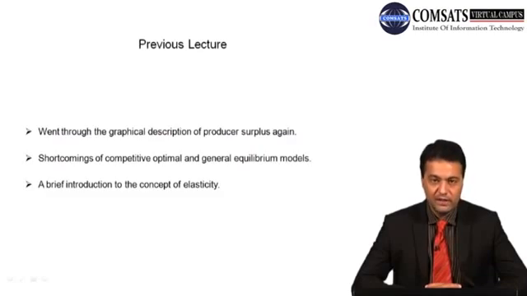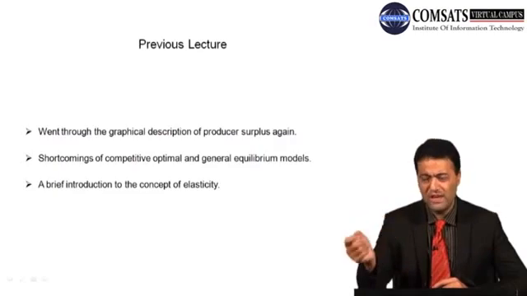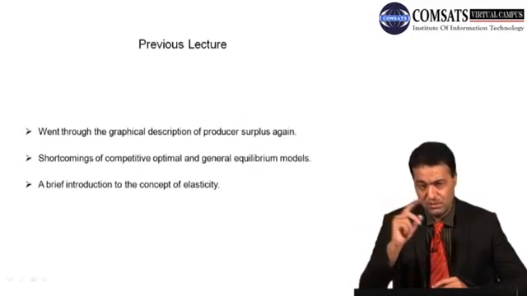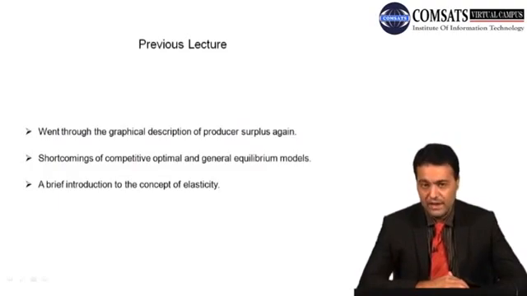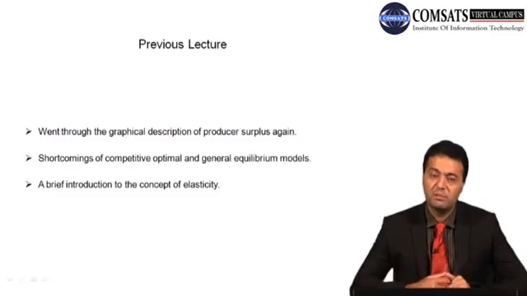We did all that analysis. We drew all those graphs, all those rectangular areas that tended to show this surplus, and then we discussed why in the long run we expect, at least theoretically, producers to be producing at the break-even point, which was the equilibrium point.